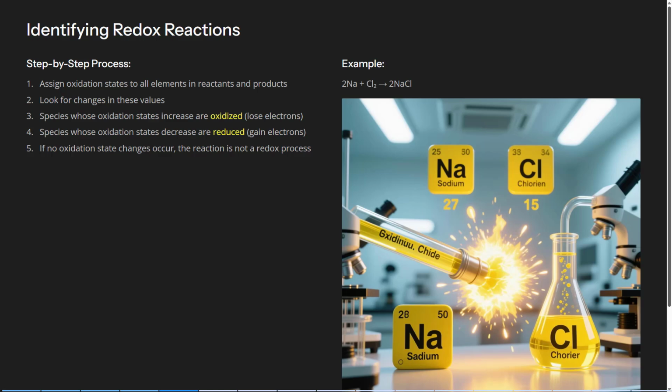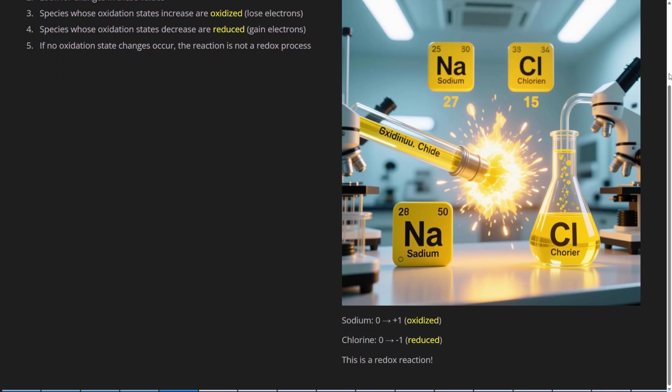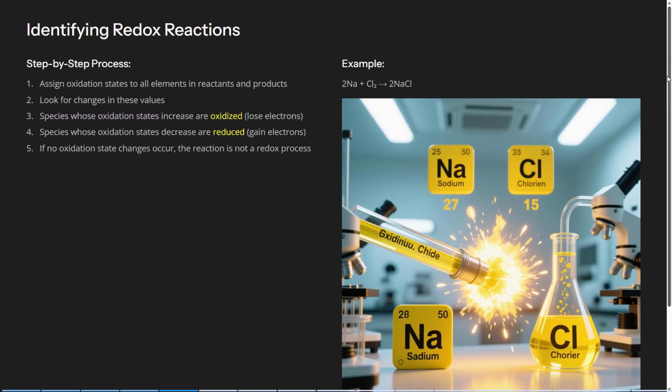Spotting a redox reaction becomes easy once you know the sign. Look for changes in oxidation states. That's your smoking gun. Common patterns include metals reacting with acids to produce hydrogen gas, combustion reactions where substances react with oxygen, and any reaction involving elemental forms of substances.